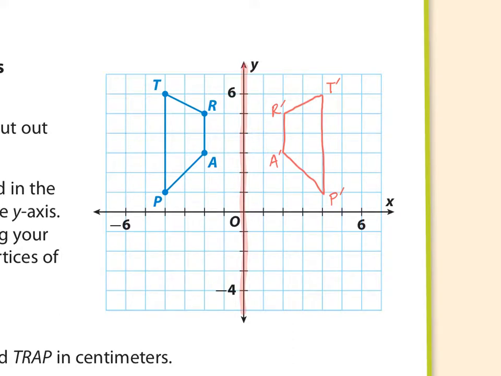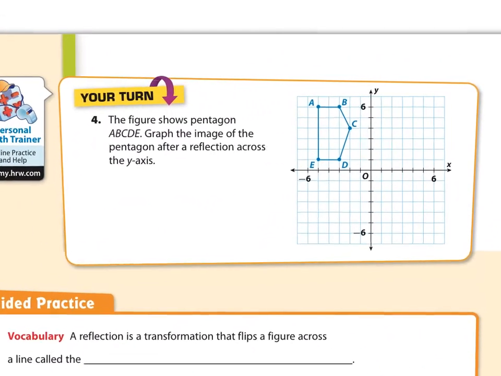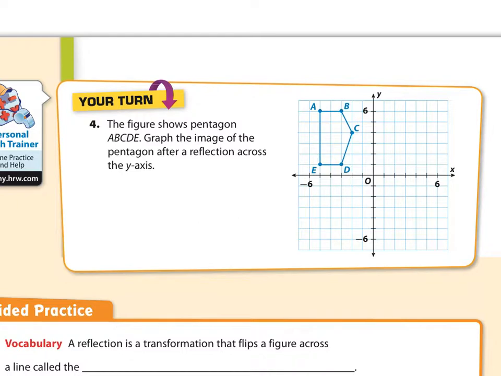Let's take a look at just one example from the Your Turn, number 4. We have a pentagon, ABCDE, and we want to graph the image of the pentagon after a reflection across the y-axis.